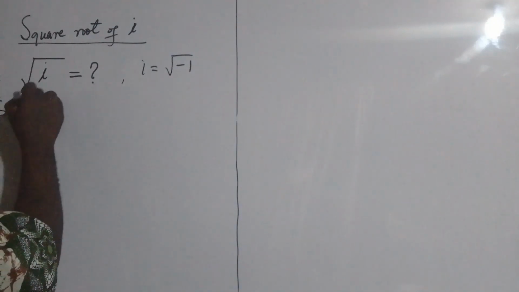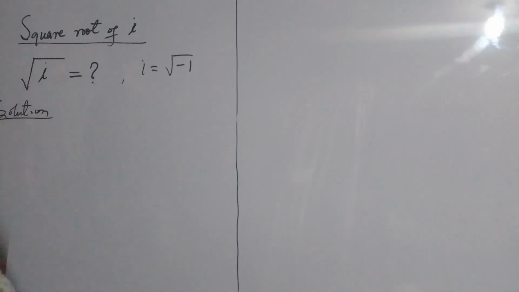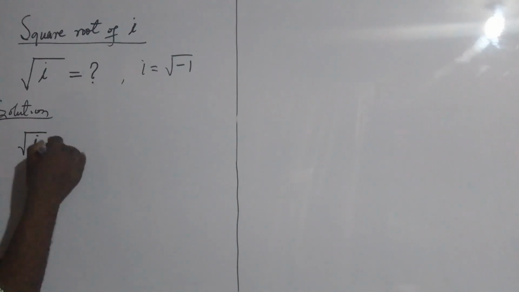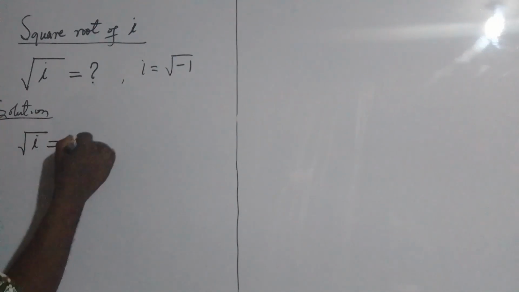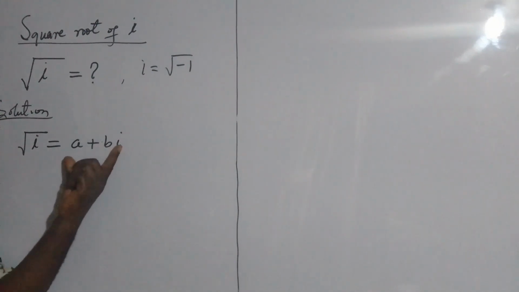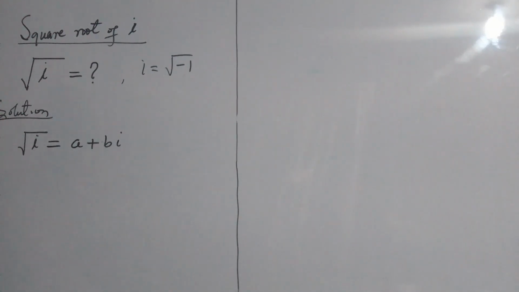Solution. Now, in my introduction, I said that the square root of i is a complex number. So let's represent the square root of i as a + bi, which we all know to be a complex number.